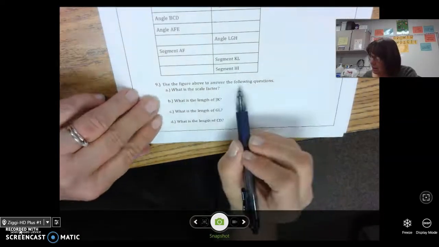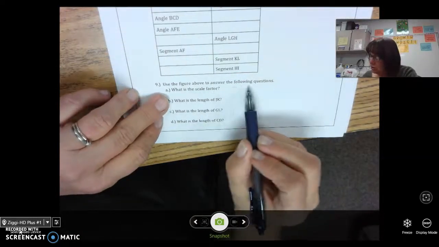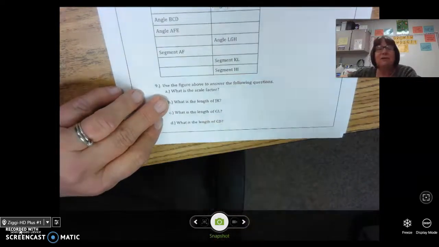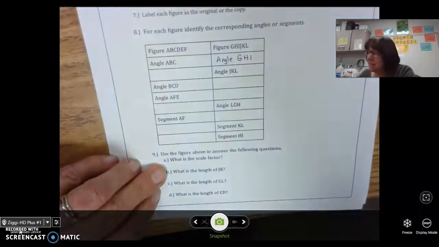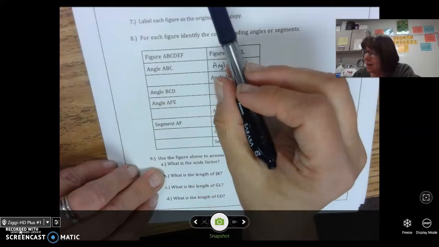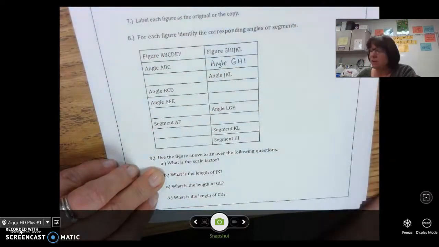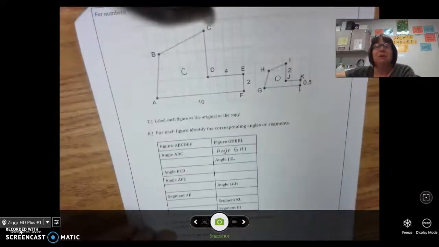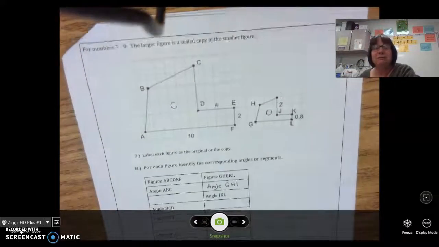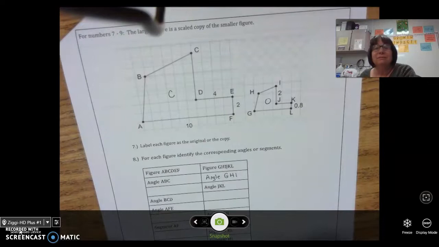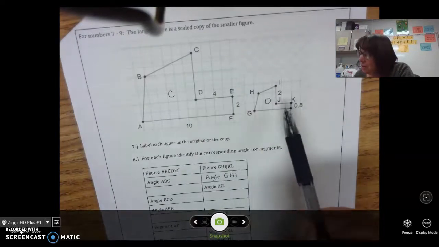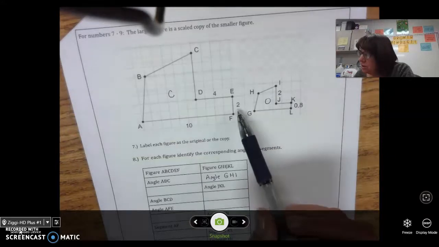Number 9. Use the figure above to answer the questions. What is the scale factor? So again, the larger one is the copy of the smaller one, it says. So label which one's the copy, which one's the original. And then we're going to find two sides that both have numbers that we can compare. So here's two sides right here.